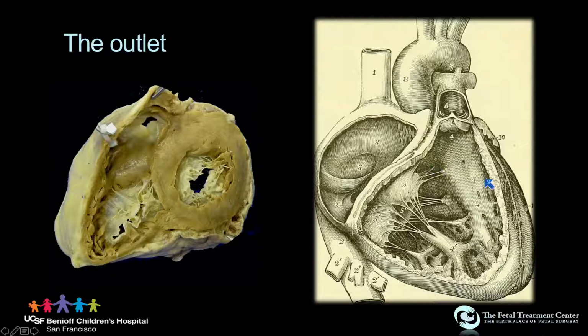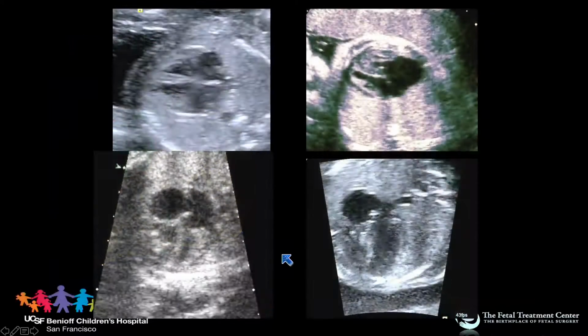This structure is very difficult to actually appreciate on echo, but it's very easy to see here, and this supports the conus, which in turn supports the pulmonary valve. So the pulmonary valve in the normal right ventricle to arterial connection is going to be completely supported by this muscular conus, and this portion of the septum is together considered the outlet, including the valve.